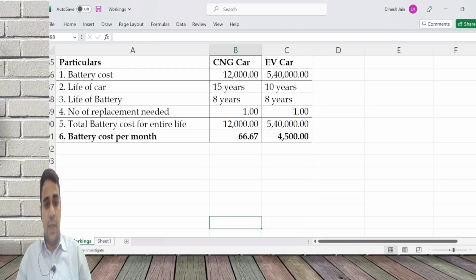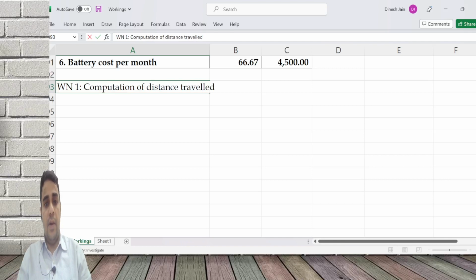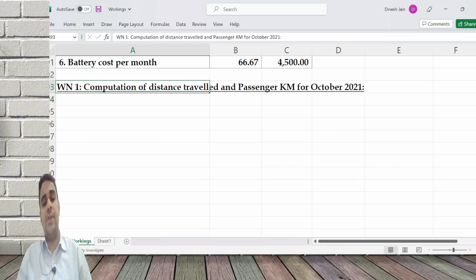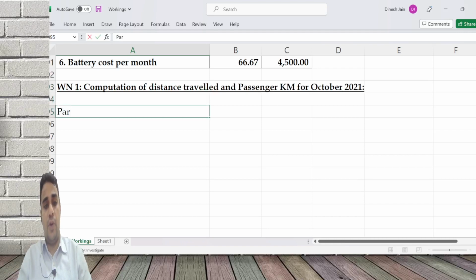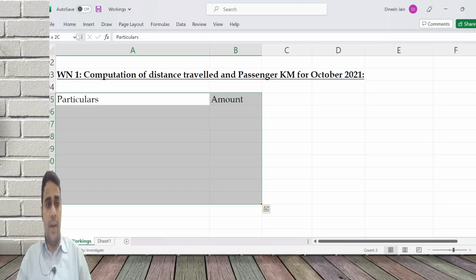Computation of distance traveled and passenger kilometer for October 2021.